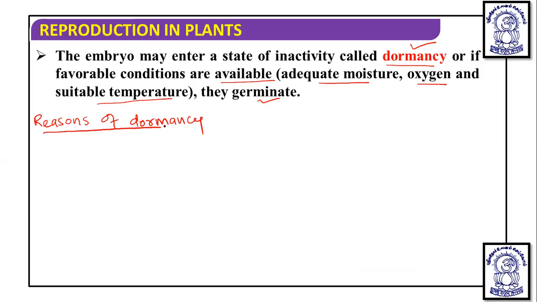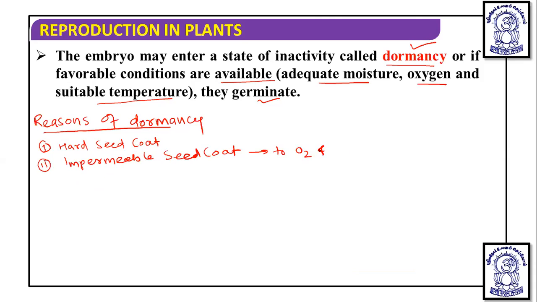And when we talk about dormancy reasons, the first reason is a hard seed coat or mechanical seed coat. Second, an impermeable seed coat, impermeable to oxygen or water.